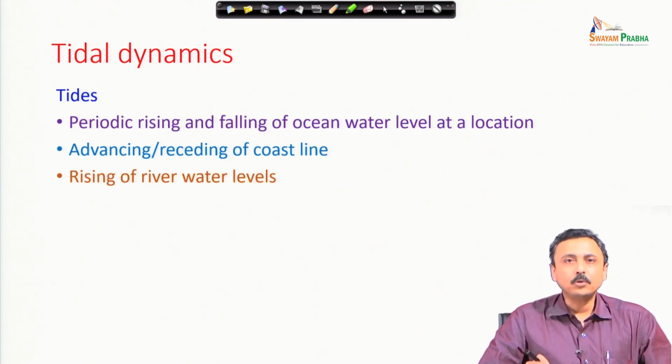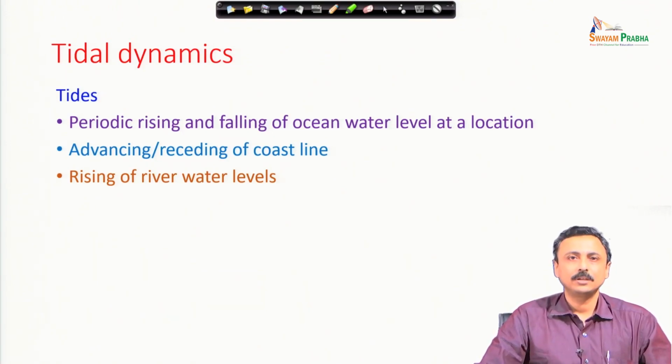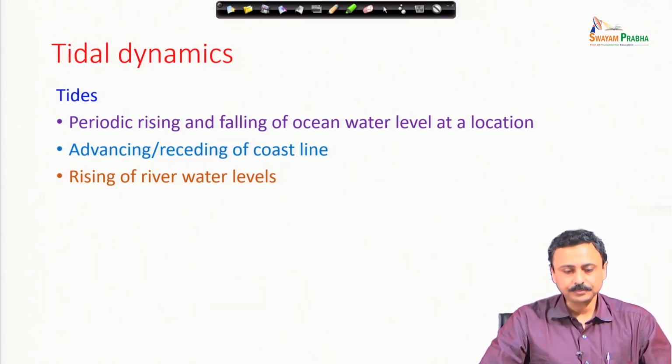And near the mouth of the rivers, where the river meets the sea or the ocean, you will find that the water level in the river also rises during high tides, and it falls at low tides. And you might have noticed that boats and ships do not want to sail out when it is low tide, because they might get stuck.